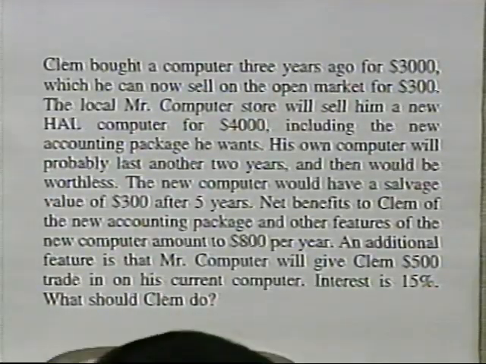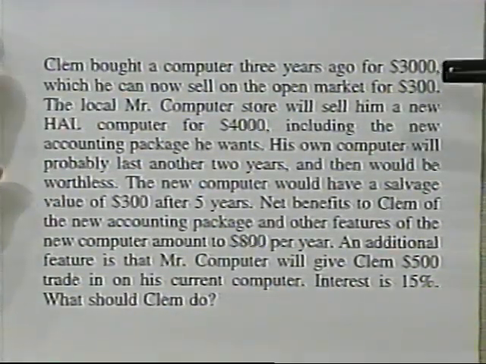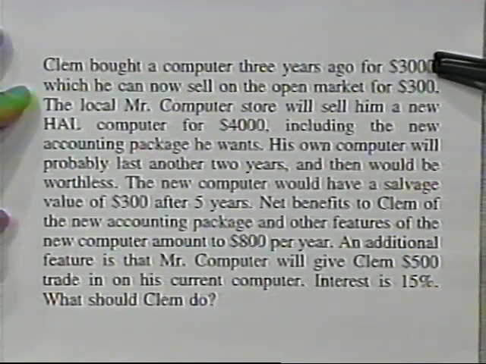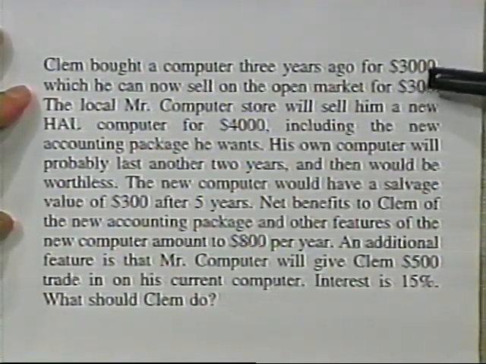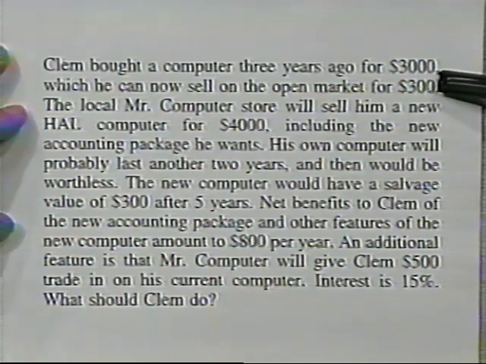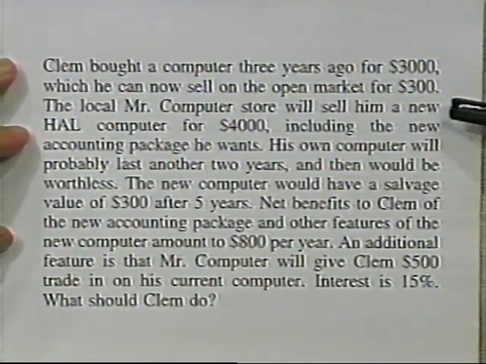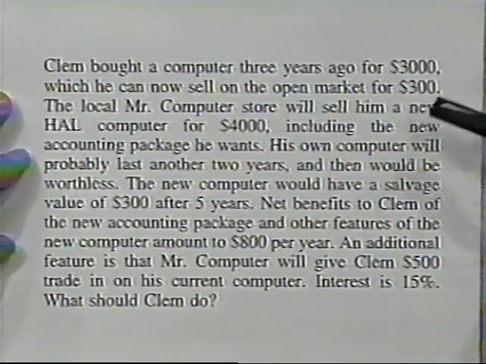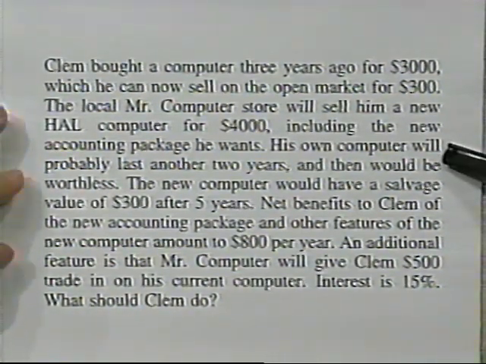I have a problem here involving Clem buying a computer. We have a number of bits of information about Clem's computer purchase. He has one that he bought 3 years ago, which he can now sell in the open market for $300. The local Mr. Computer store will sell him a new HAL computer for $4,000, which includes an accounting package he wants.